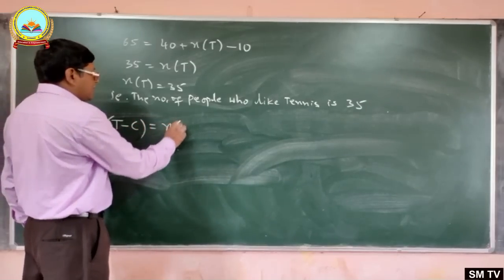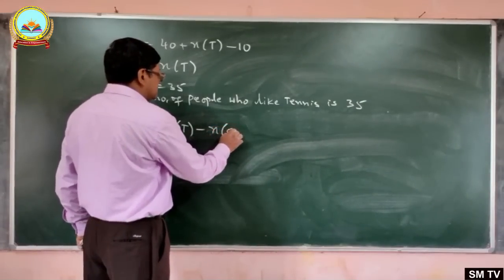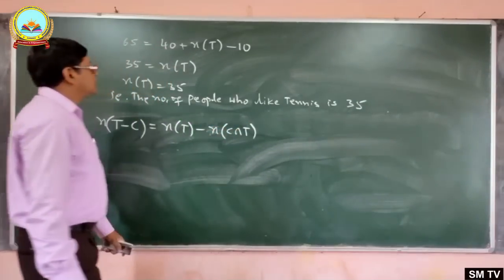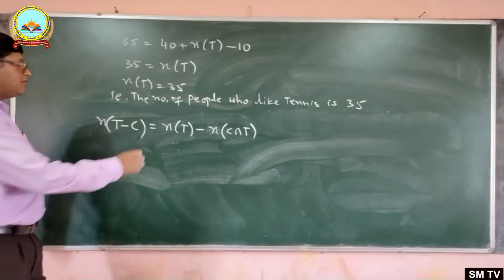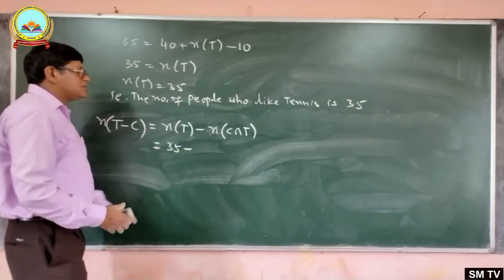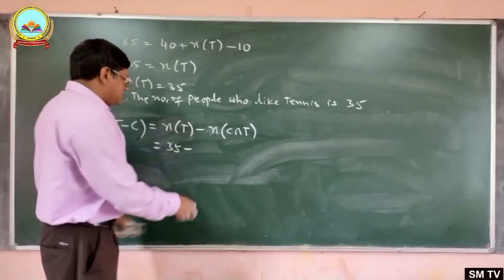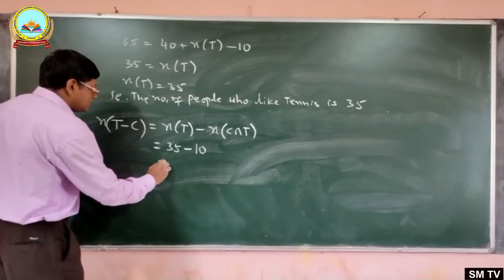This is nothing but N of T minus N of C intersection T. What is N of T? Just now we have found out. N of T is 35 minus the number of people who like both cricket and tennis, which is 10. So this is equal to 25.